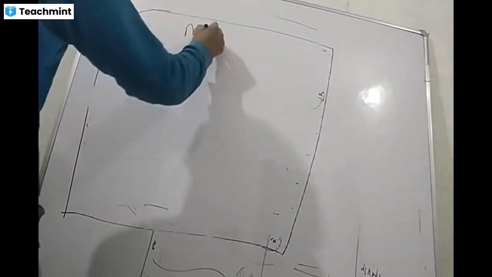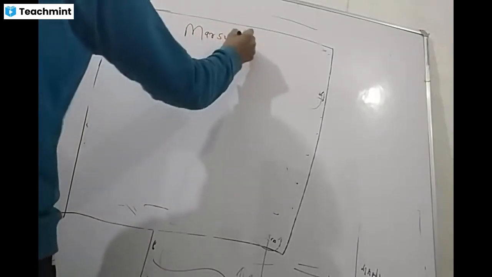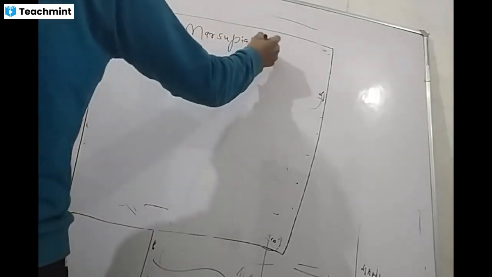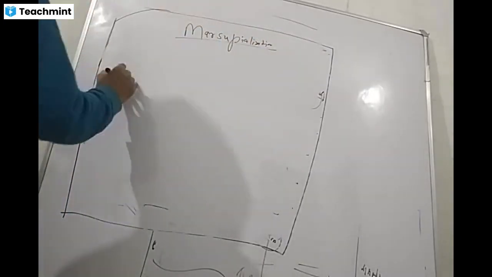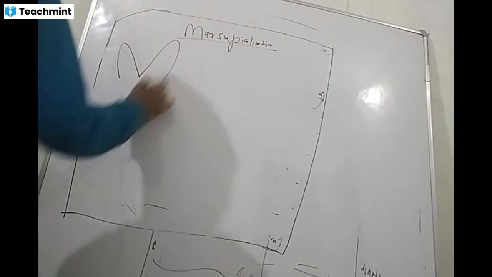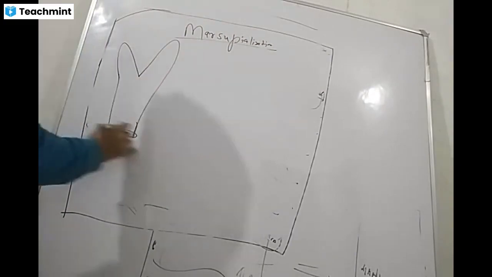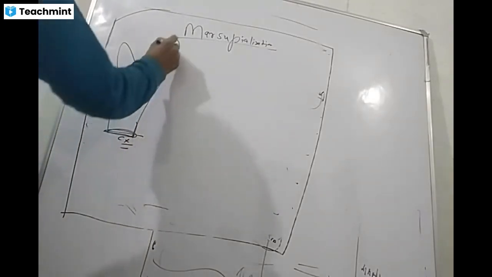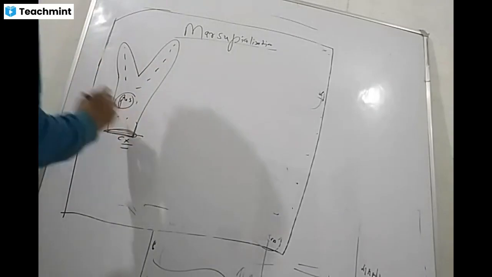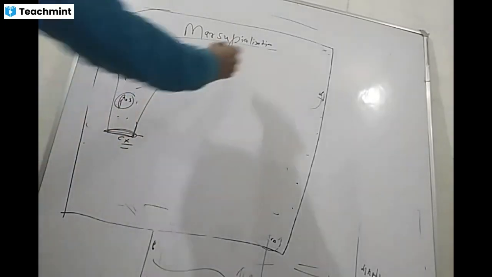So this is the marsupialization. Your animal is compromised, which cannot tolerate anesthesia and all. The cervix is closed and it is filled with pus.